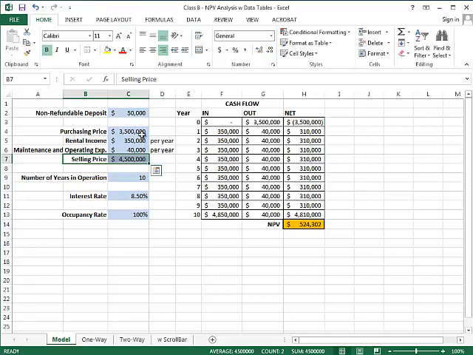So in this case, obviously purchasing price of 3.5 million is a more certain value than the selling price of 4.5 million. Who knows what the market, what the economic situation will be like in 10 years and whether this $4.5 million is a sure thing or not.